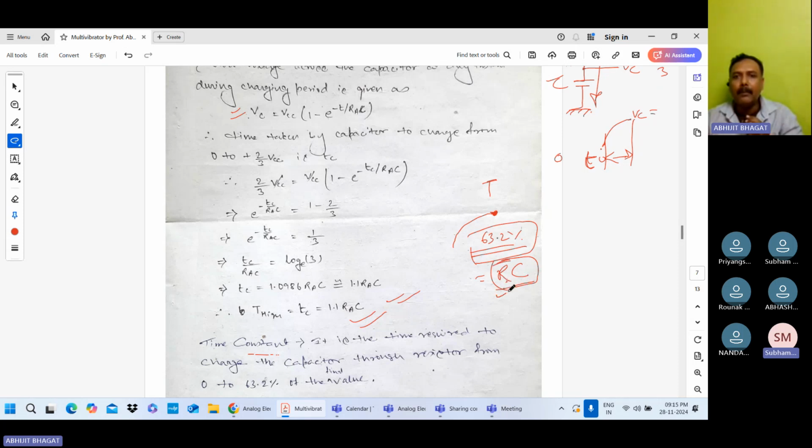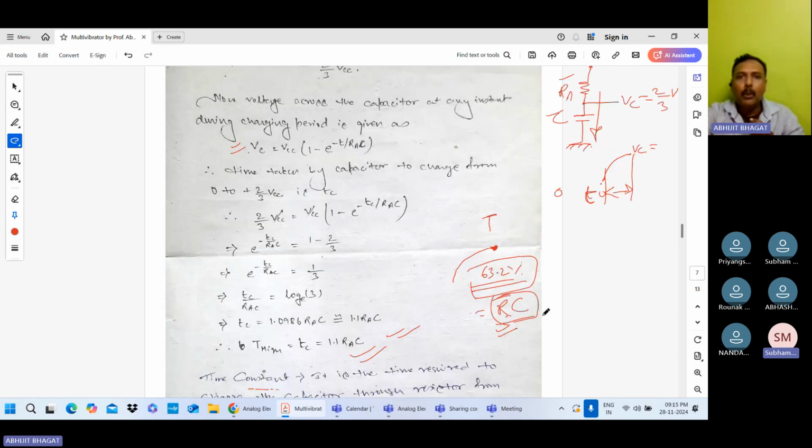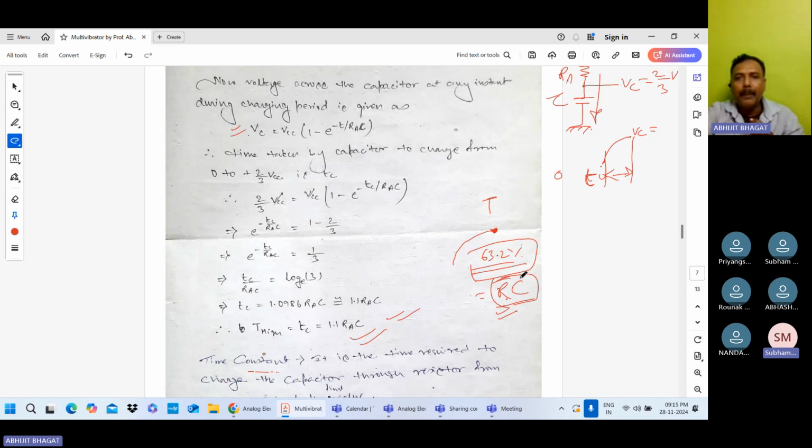Here in this case RAC is the time constant, denoted by capital T.